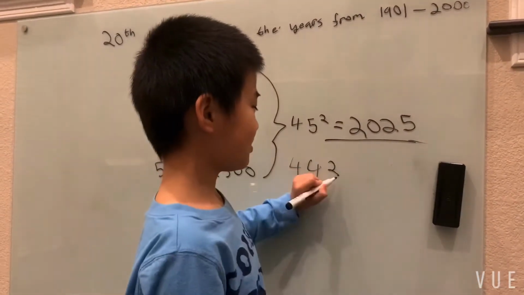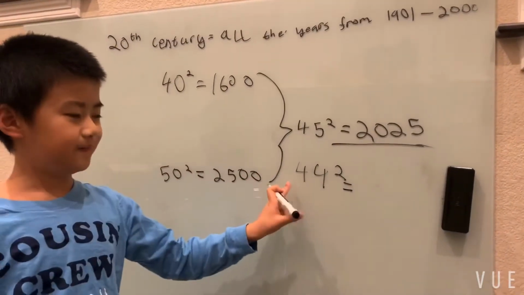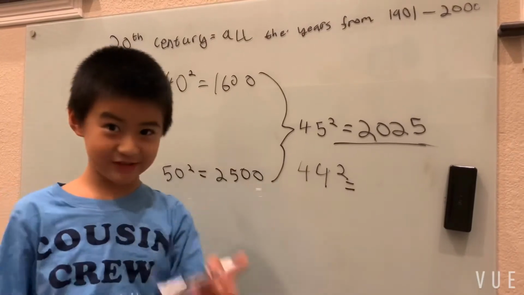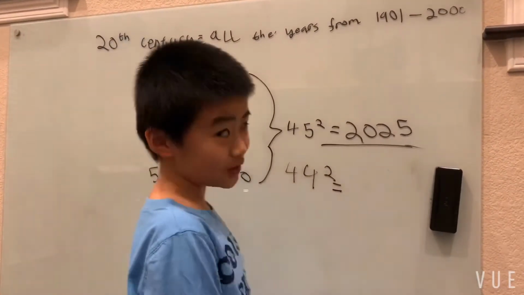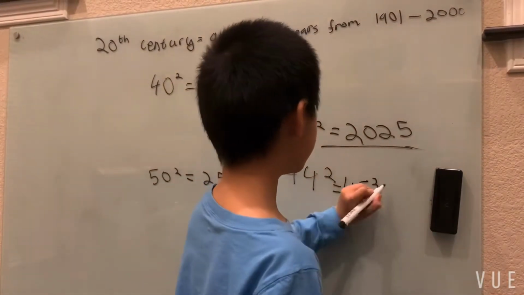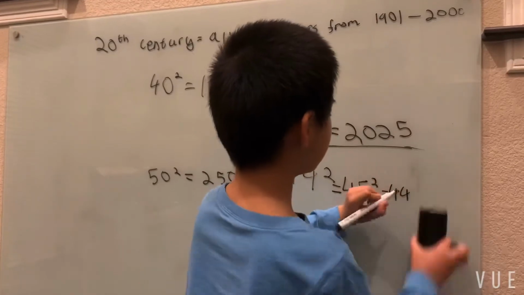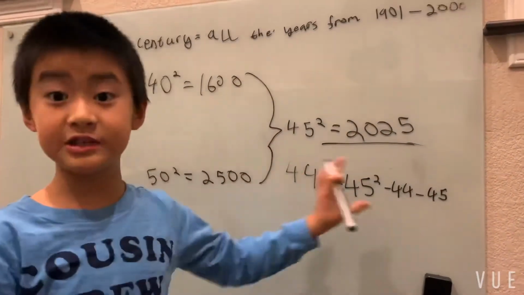So now, I'll give you a hint of my super secret squaring technique, and I'll give you the equation. 44 squared is equal to 45 squared minus 44 minus 45. Okay, this is what it's equal to.